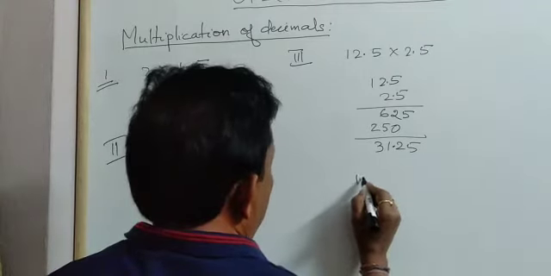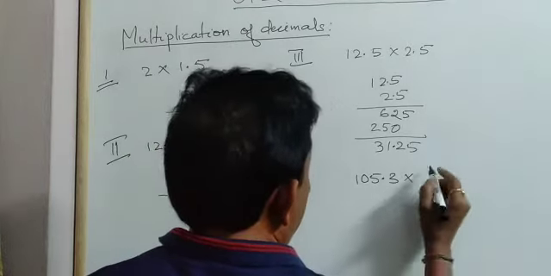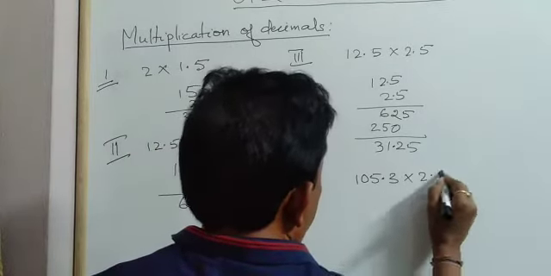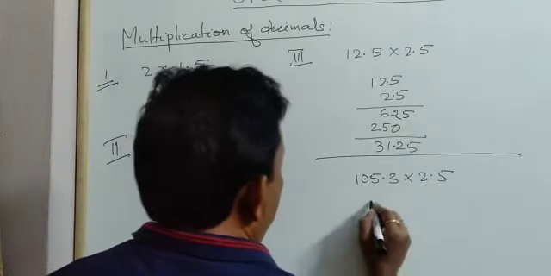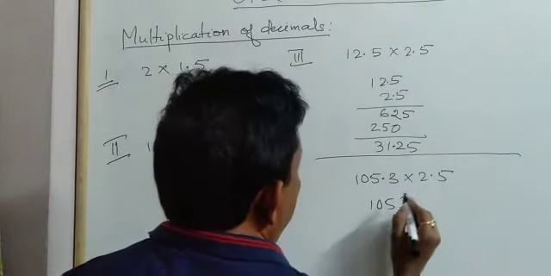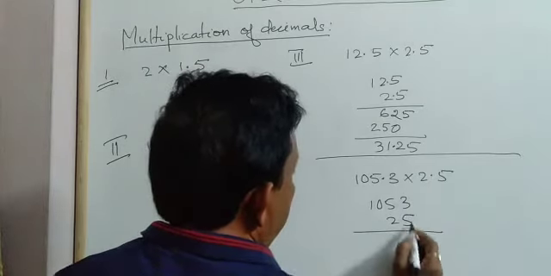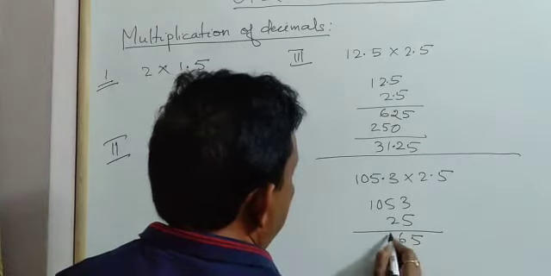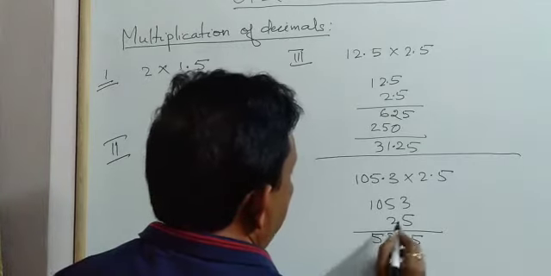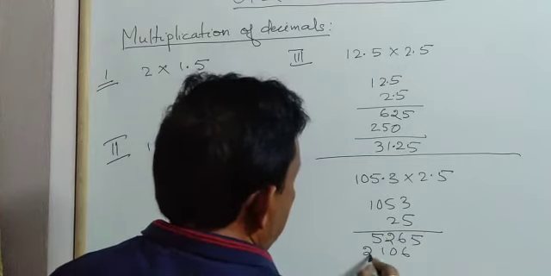Suppose 105.3 multiplied by 2.5. Now in this, what you will do, 1053 times 25, multiply this. 5 3s are 15, 5, 1 carried, 5 5s are 25, 26, 6, 2 carried, so 5 1s are 5, 2 3s are 6, 2 5s are 10, 2 1s are 2.